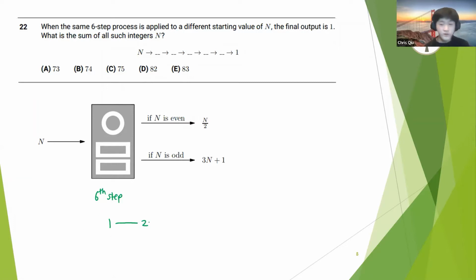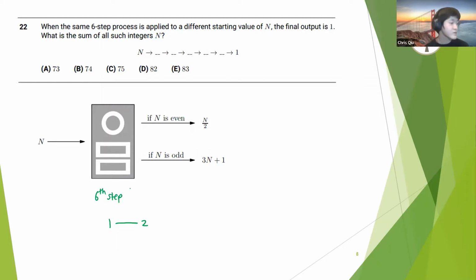If on our 6th step we get 1, then on our 5th step we must have gotten 2, because otherwise we would need some odd number n such that 3n plus 1 is 1, and we can see that's impossible.